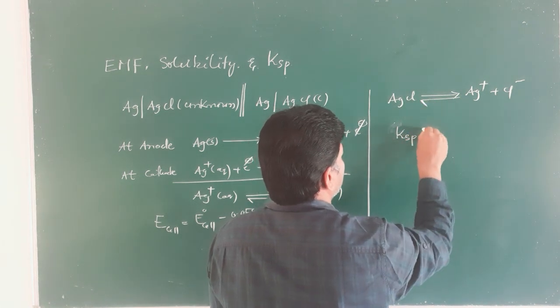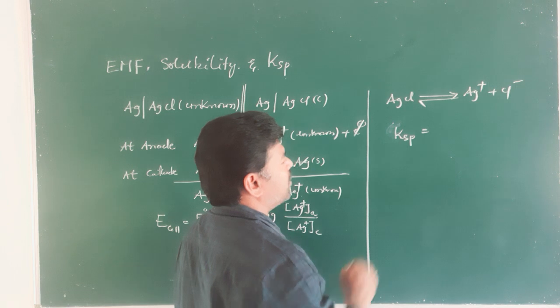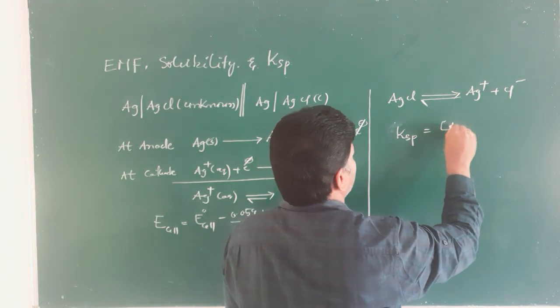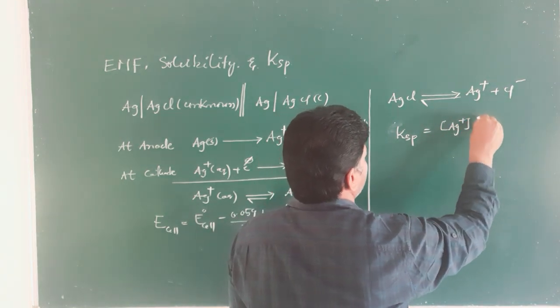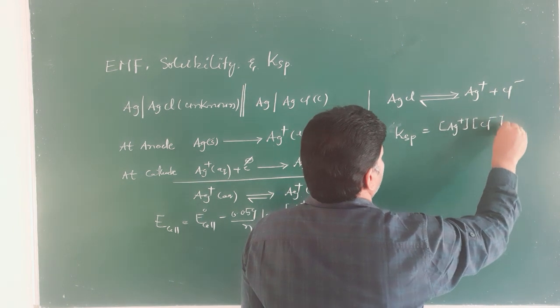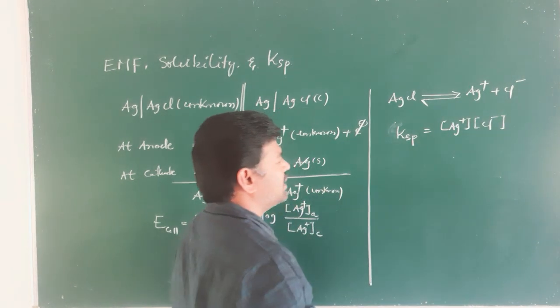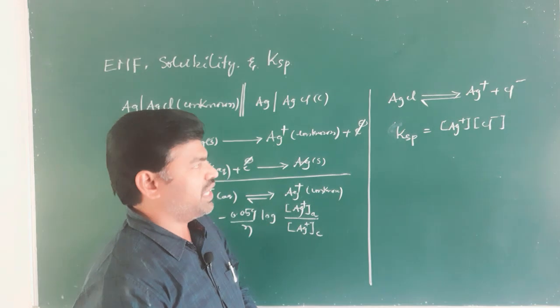So Ksp, we can write as concentration of Ag plus into concentration of Cl minus, right. This is the solubility product.